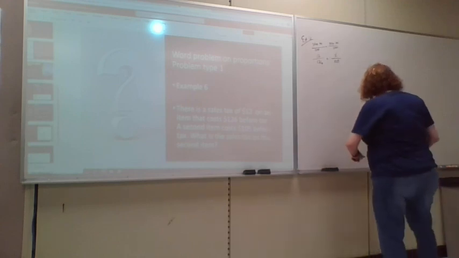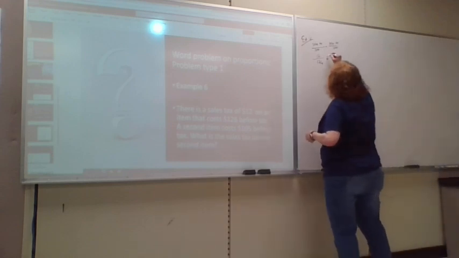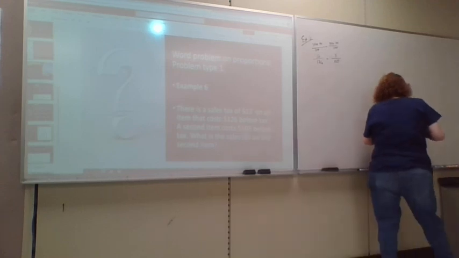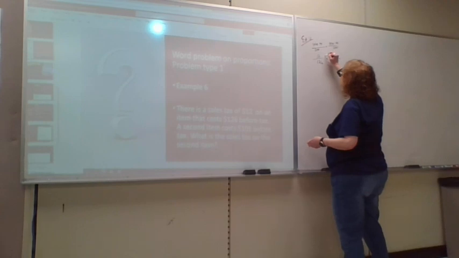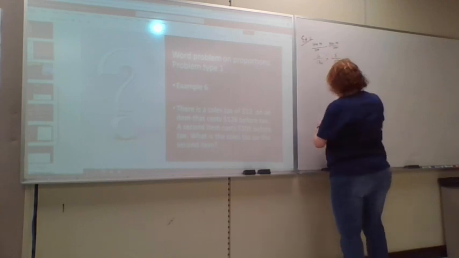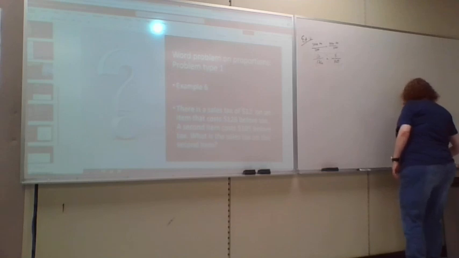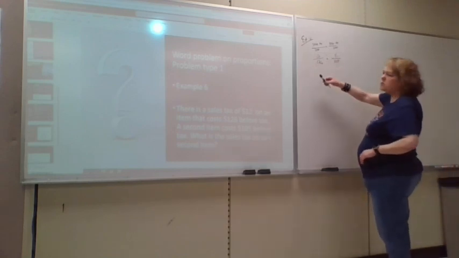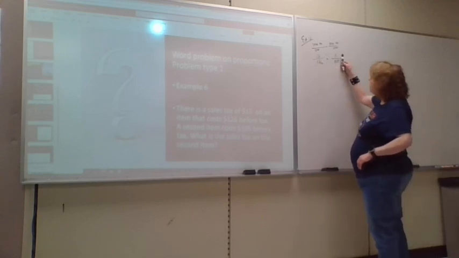Okay, so let's do the butterfly effect here. Let's do orange this time. It doesn't matter which one you do as long as you keep your wings. So let's do the orange.